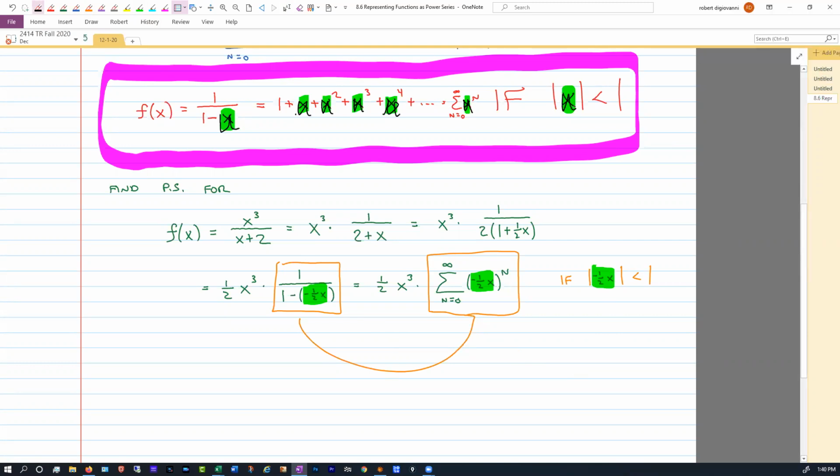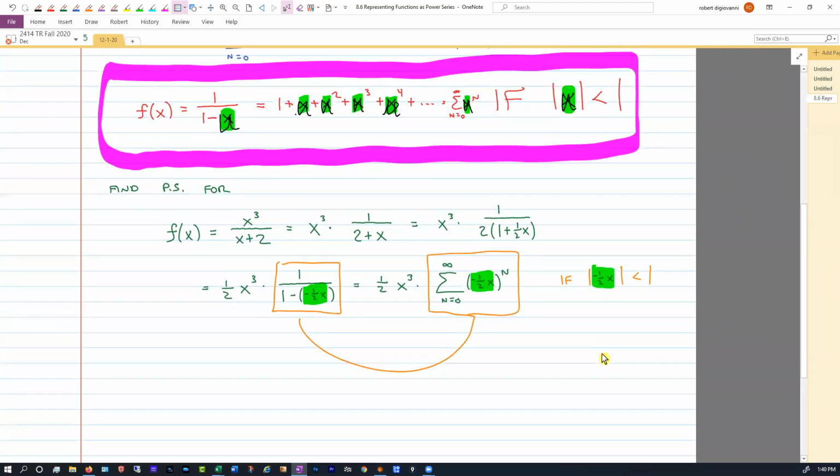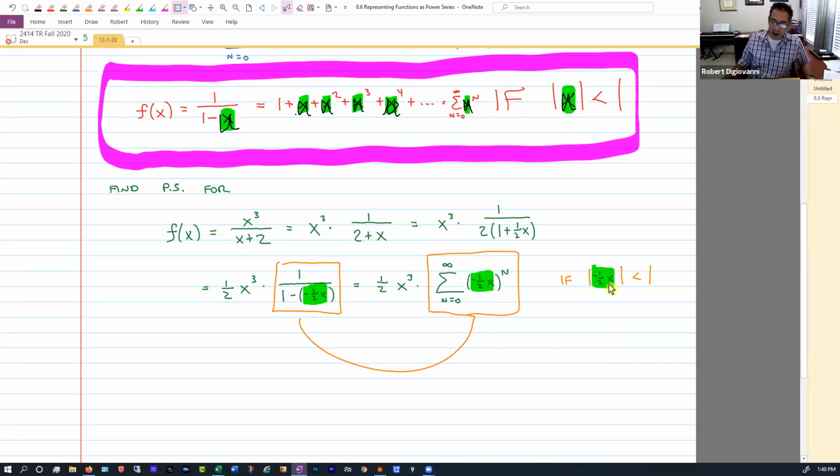Okay, so negative 1/2 x. Since we're looking at the whole thing as x, I don't understand how it's less than 1 if we multiply it with a bigger number, for example 5, it's not going to be less than 1 then. Okay, so if I plug 5 in here for x, this is not going to be true. Yes, I agree. That's not what we're saying though.